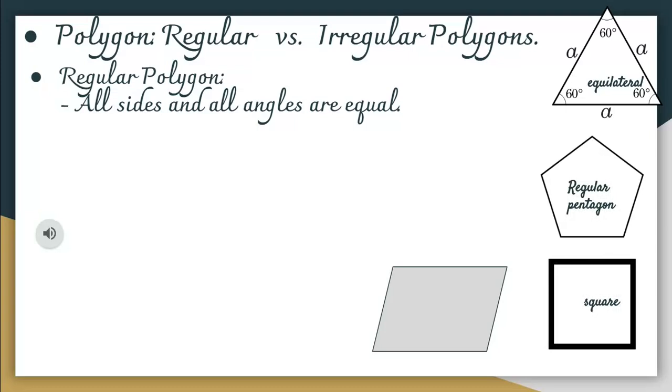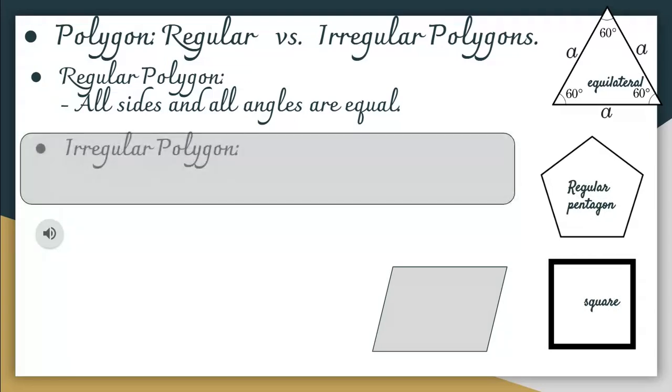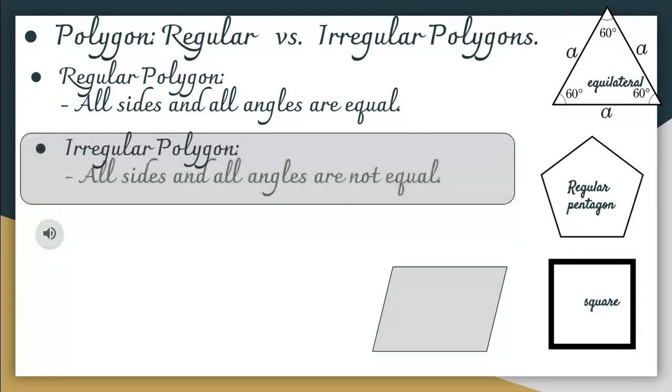So what are irregular polygons? Irregular polygons are those where all sides and all angles are not equal, right? Obviously, irregular polygons would be those where all sides and all angles are not equal, isn't it?